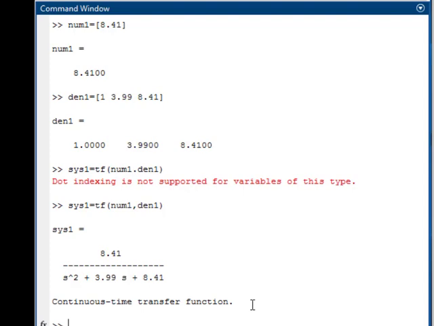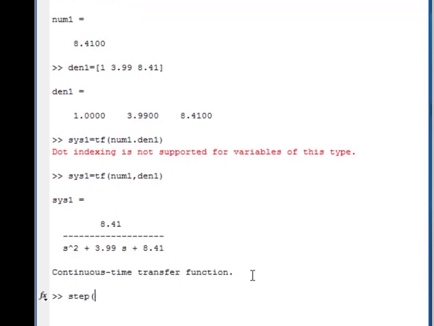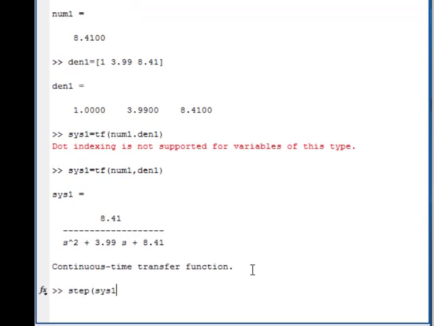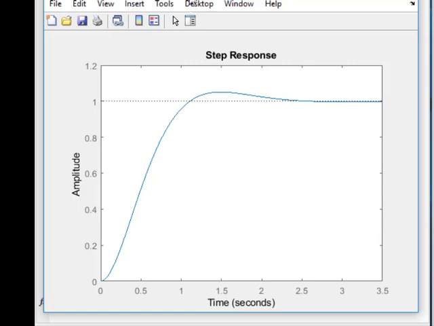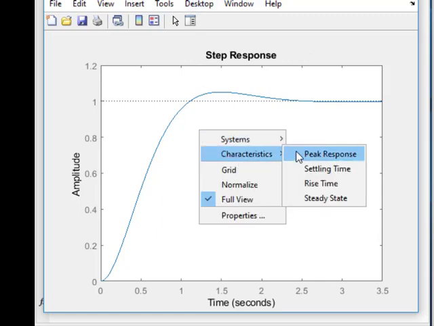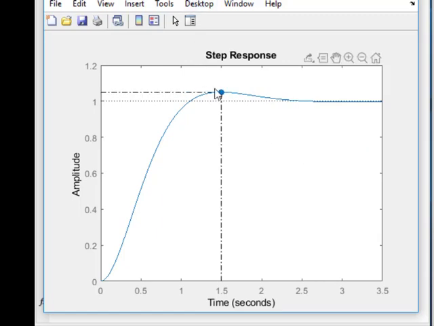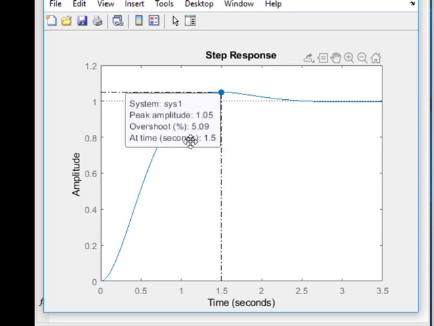For this transfer function we'll check the step response, step sys1. This is the step response, and let us check the percentage of overshoot. It is approximately 5.09.